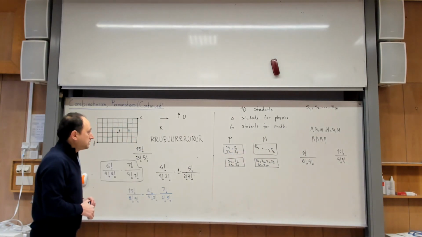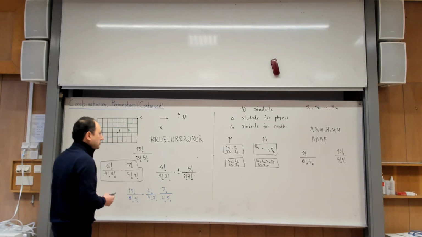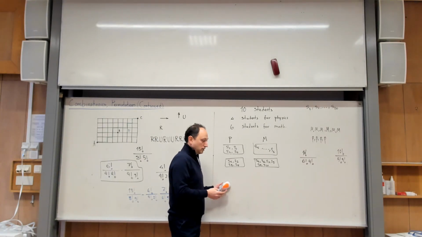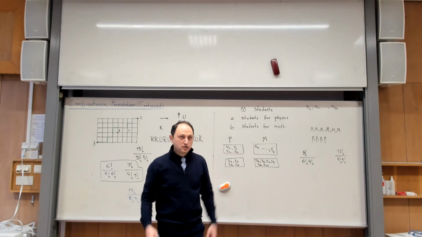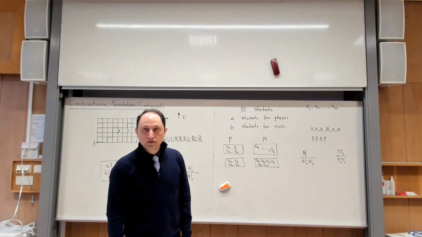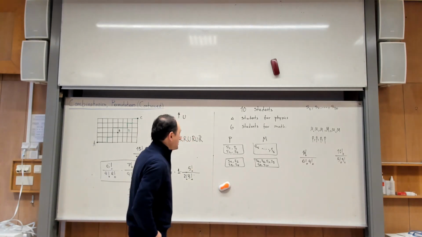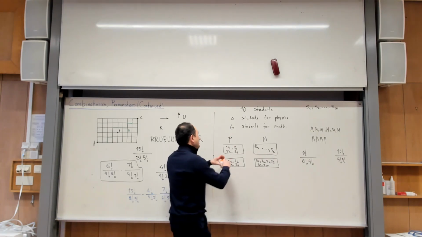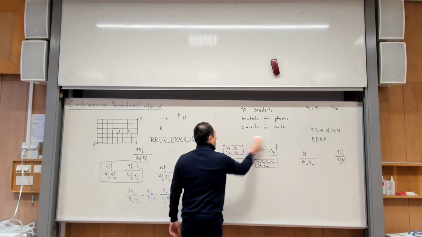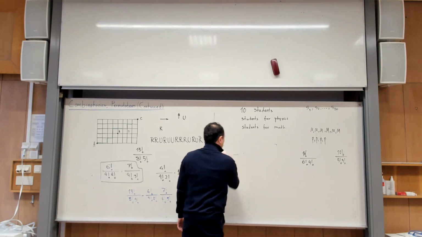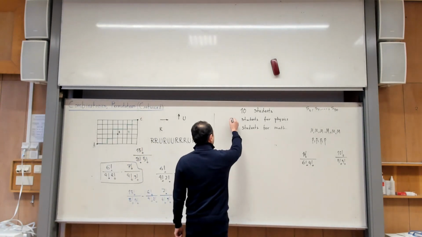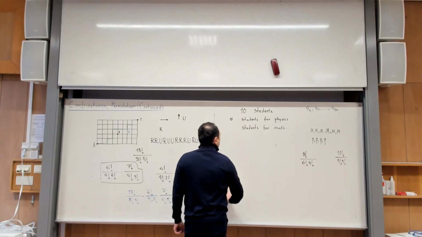Now, let us try to solve this problem. 10 students, but I want to make them groups to compete against each other. So I'm not making a physics project, I'm not making a math project, okay? So let us consider this scenario, 5-5 still. Let us write it.